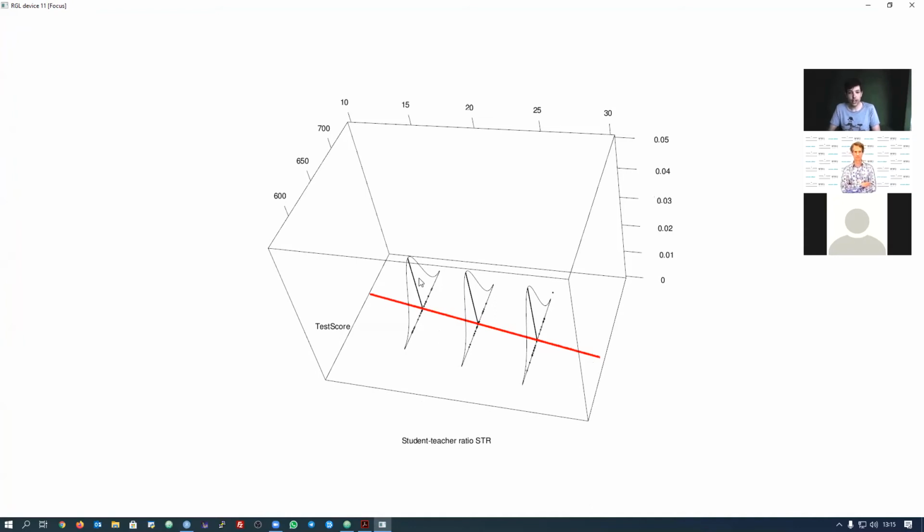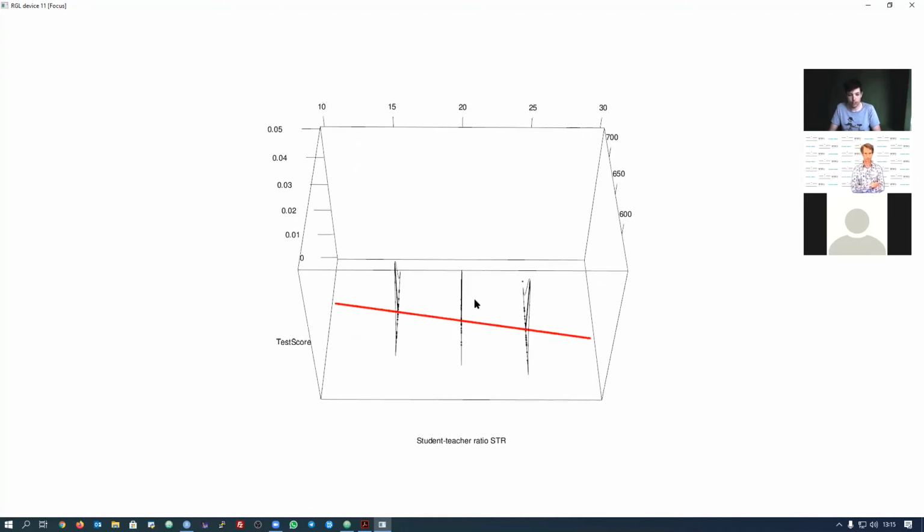What this assumption actually means is that, of course, the points deviate from that line. Of course, we don't have all the points exactly on the line, but there's no systematic deviation from that line based on class size. So let's just pick these three levels of student-teacher ratio, of class size, 15, 20, and 25, as example values here.